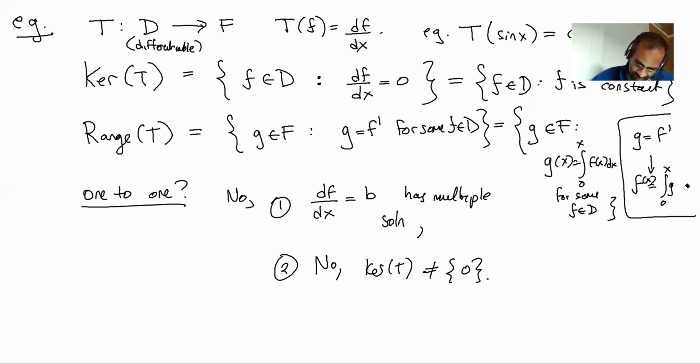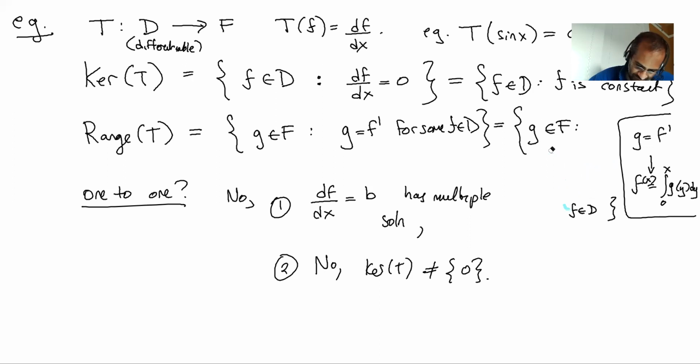This would have to be a different variable, like Y. Was that the issue? I think they're asking because we said G is F prime, and then F is the integral of G, but in the curly brackets we're saying G is the integral of F instead of F prime. Oh, sorry. Yeah. Okay, fine. Thank you.